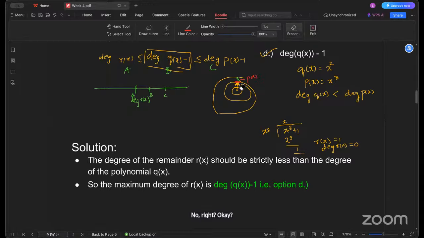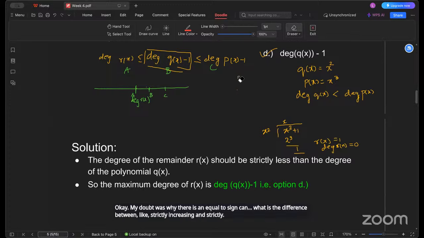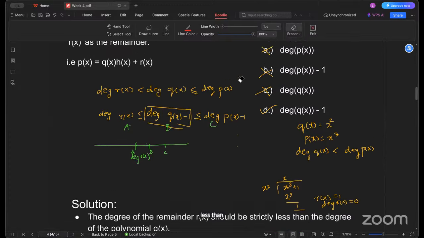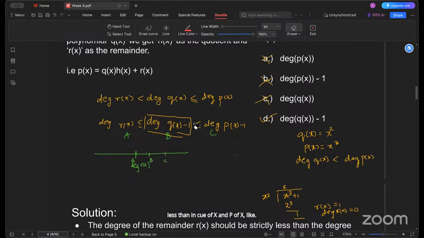Ma'am, my doubt was why there is an equal to sign. What is the difference between strictly less than and less than or equal to for q of x and p of x? So you are asking, if it is strictly less than, what difference does it make?